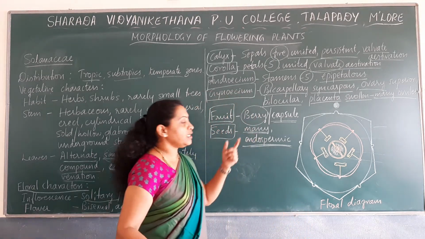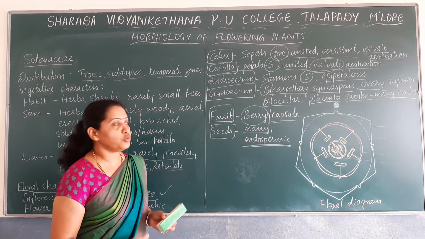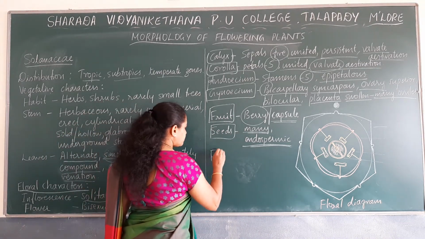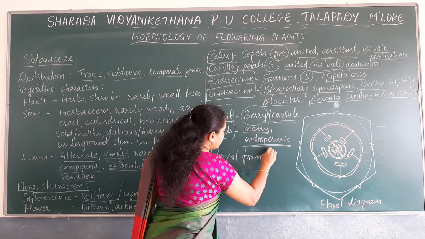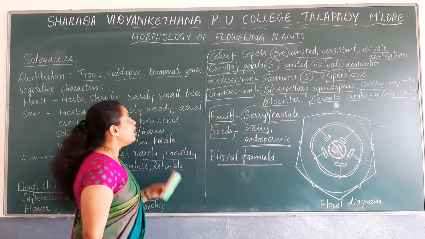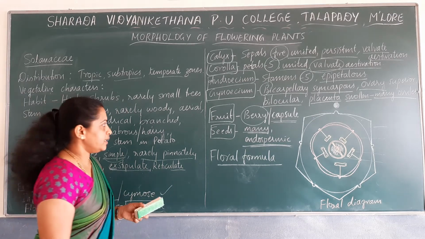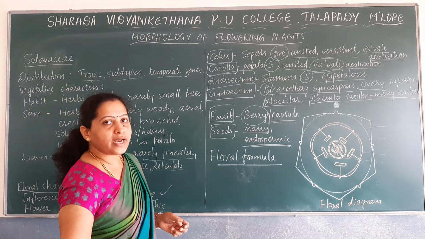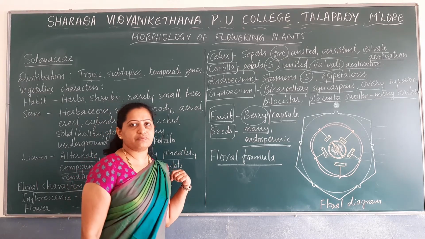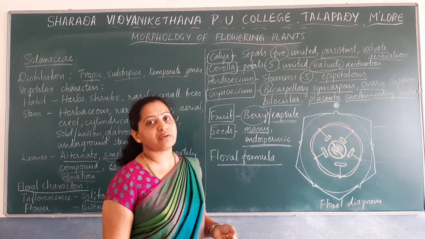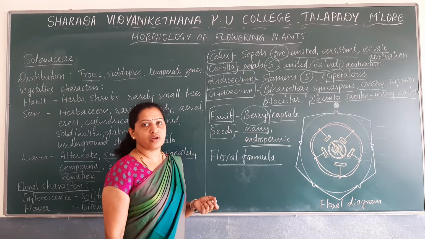After noting down the floral diagram, we have to note down the floral formula. We'll try to write the floral formula for family Solanaceae. For writing the floral formula, you know that we use specific symbols. In the previous class, we noted down those symbols that we use to represent the floral formula.